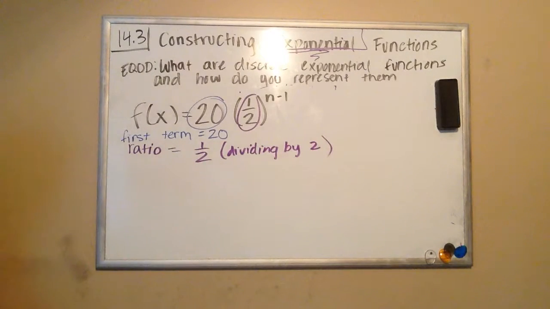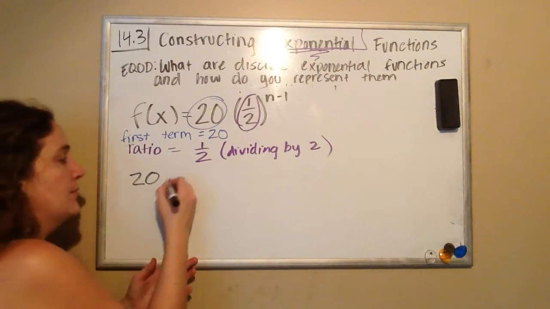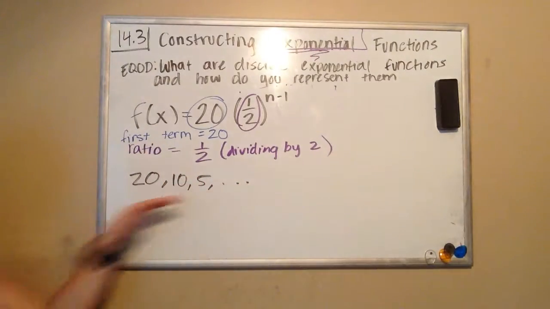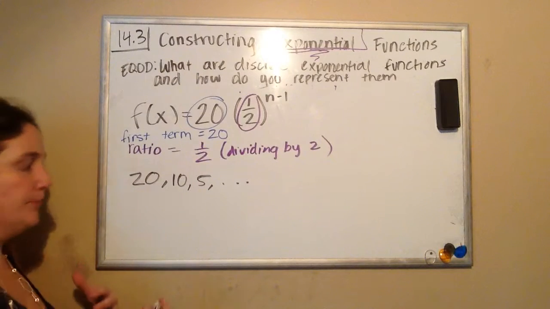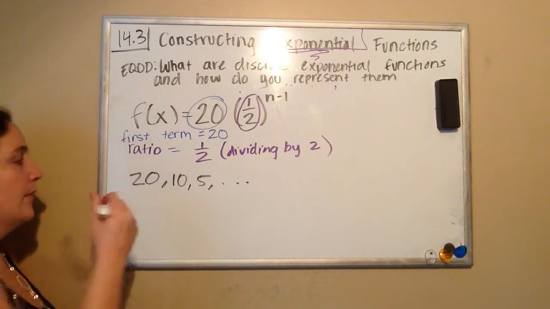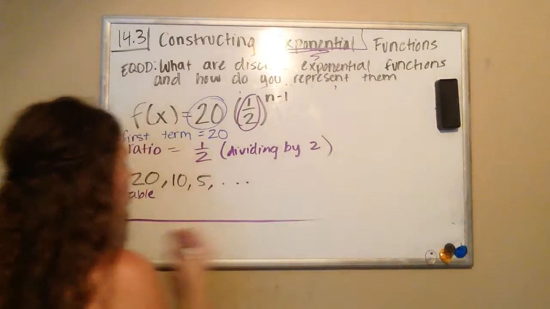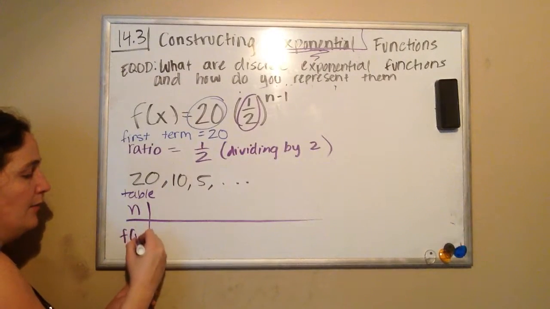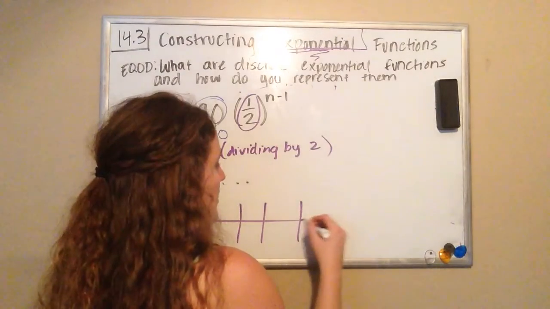Okay, so if we were to try to write this as a sequence, we know that it starts with 20, and we know you're dividing by 2 each time. So the next one would be 10, 5, so on. That would be our sequence. We could also represent it as a table. And let's do it in a different orientation so you guys get used to that. We'll have our inputs on the top and our outputs down below. 1, 2, 3, 4, 5, 6.